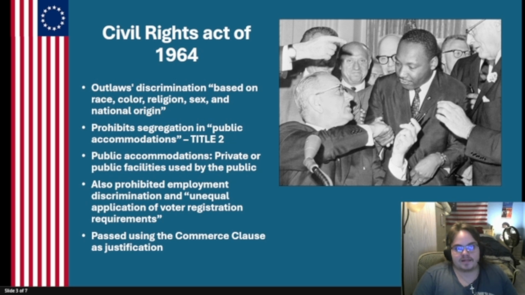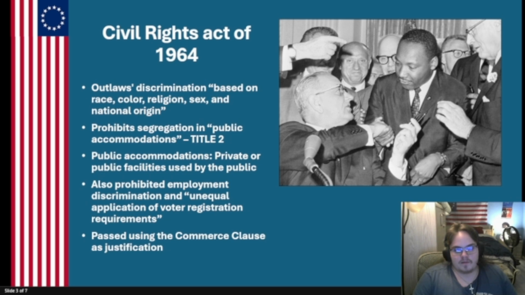So let's look at the Civil Rights Act of 1964. This act actually outlaws discrimination based on race, color, religion, sex, and national origin. And it also prohibits segregation in public accommodations, which you're probably going to hear me refer to as Title II, because that part was under Title II within the Act. And let's run over what public accommodations actually are first, because don't get confused like I did when I first read this act.